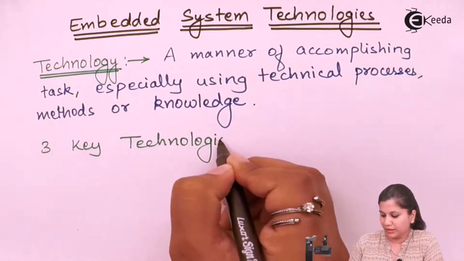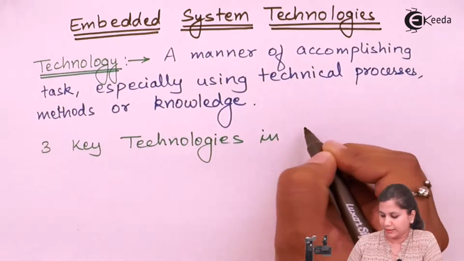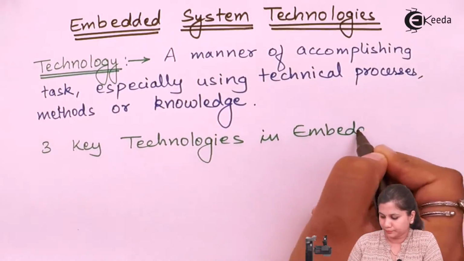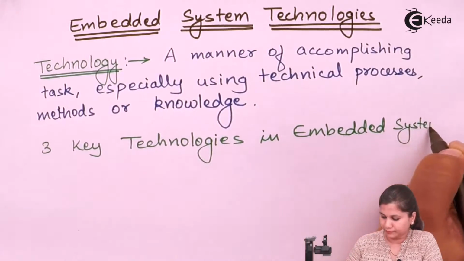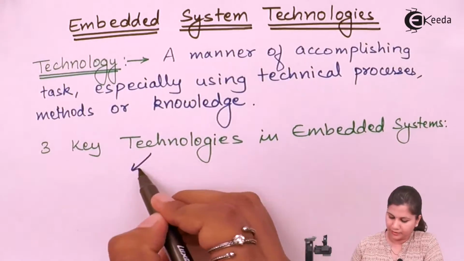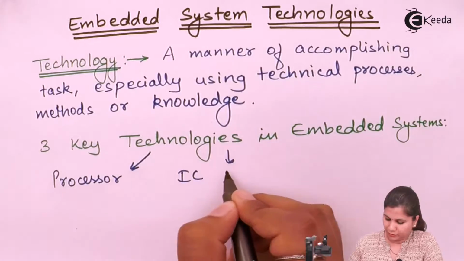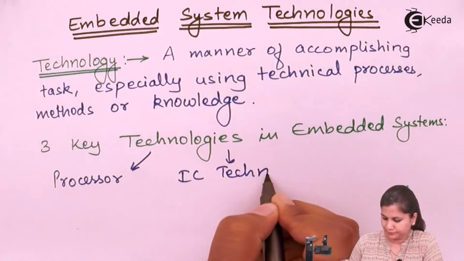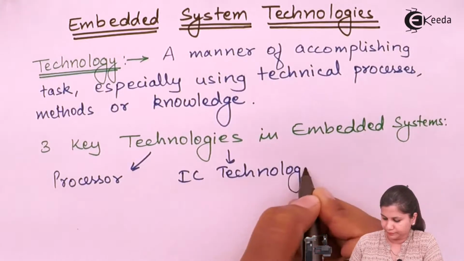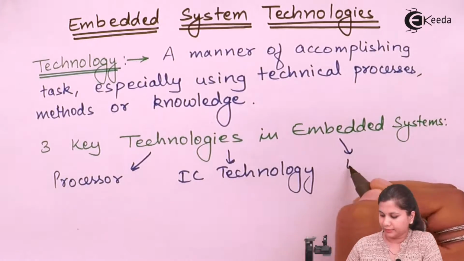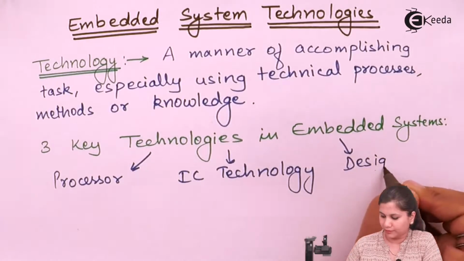So there are three key technologies in embedded systems: processor technology, IC technology, and the design technology.